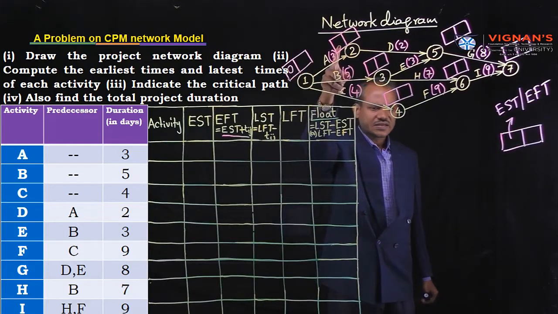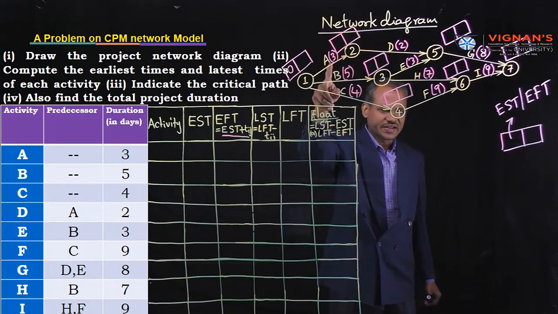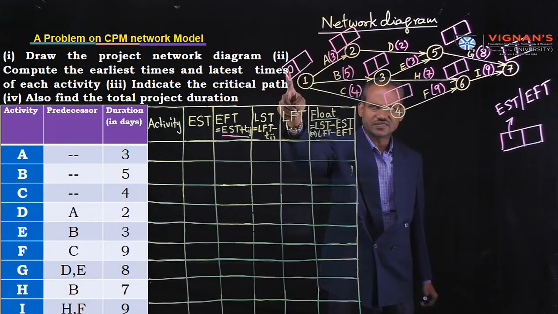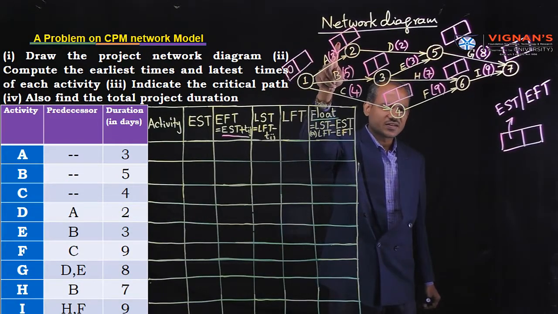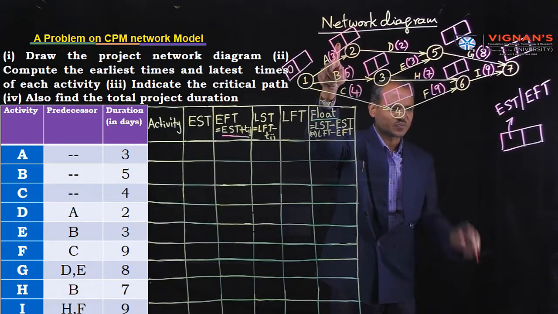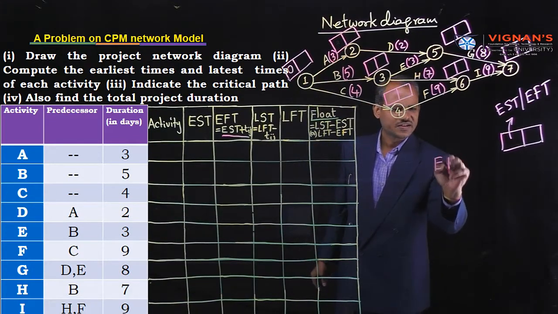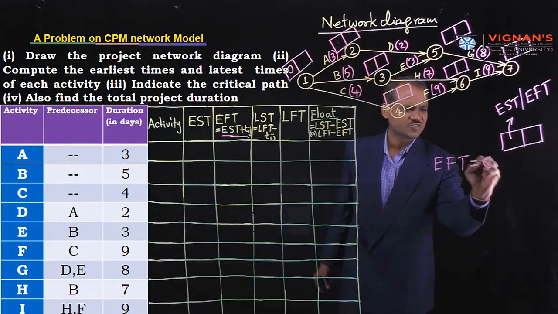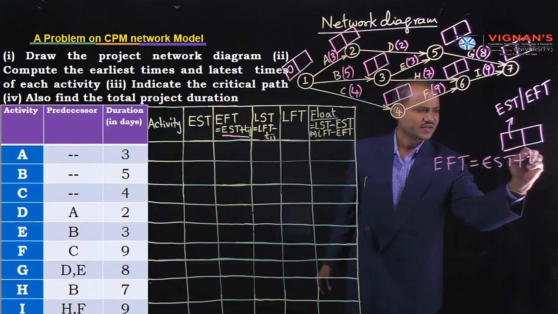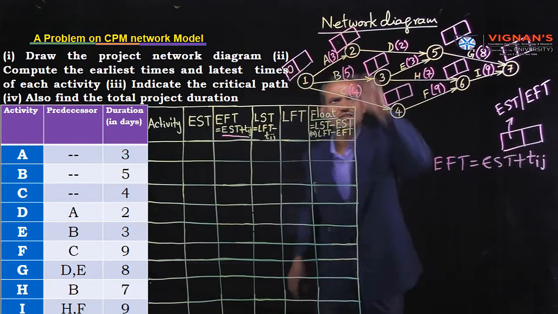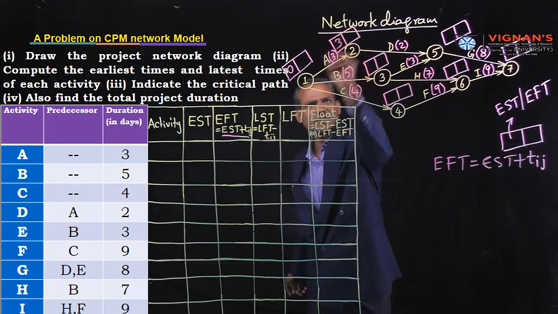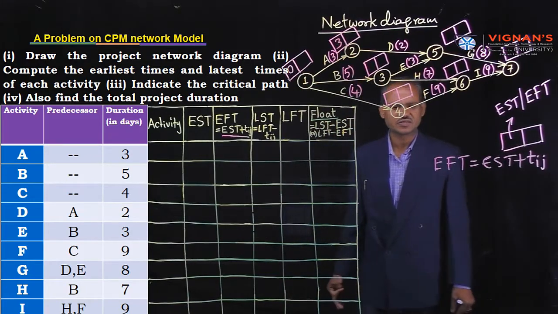For activity A, this is the EST, and here we write the earliest finish time. The formula: earliest finish time is equal to earliest start time plus activity duration. Simply 0 plus 3, that is 3.